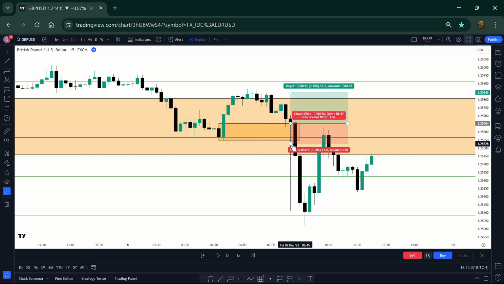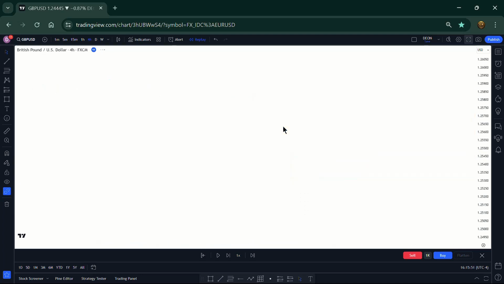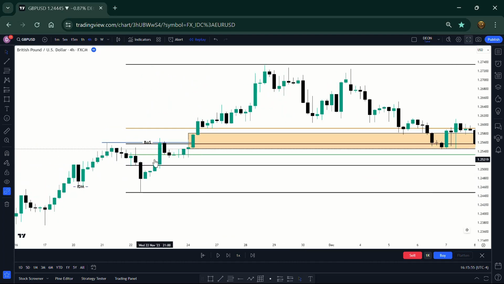So the moment you make this loss, let me see what's happening on the forward chart. So that was the decision POI. Let's go down here. That is the extreme POI, which we didn't even mark.